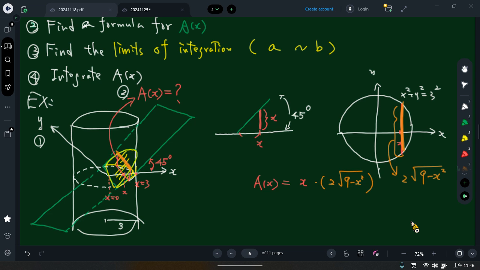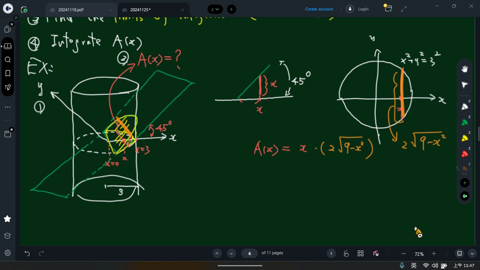Since it's symmetric, we need to double. So the whole length will be 2 times square root of 9 minus s squared. This is the width here, and this is the height here. So multiply length together, this is the typical area for a typical cross section.